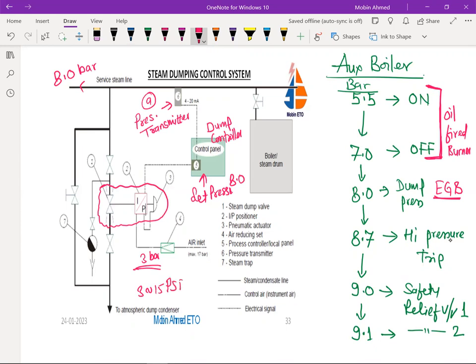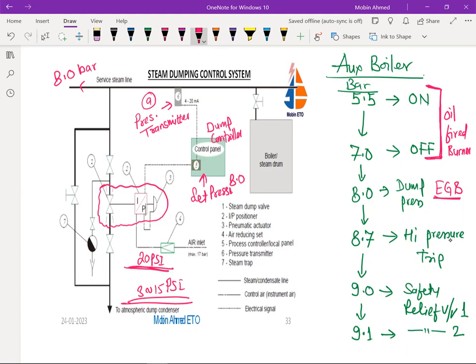Okay, psi you can calculate. So 4 to 20 milliampere is going to convert into 3 to 15 psi. So at max here we require 20 psi. Okay, this will be sufficient here, 20 to 25 psi is sufficient.